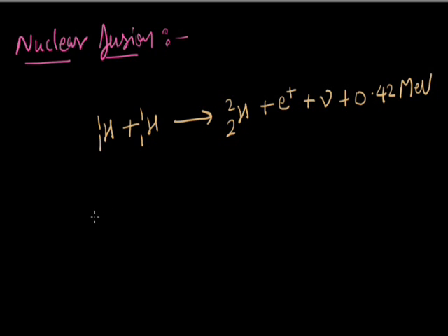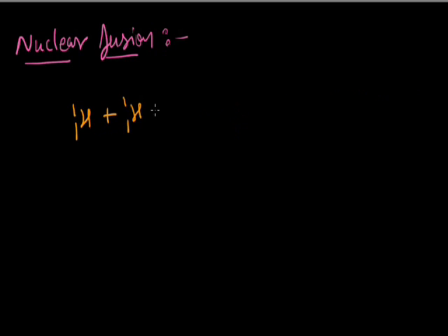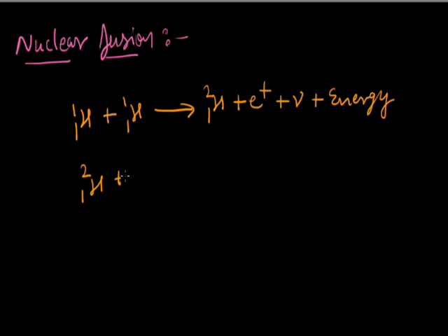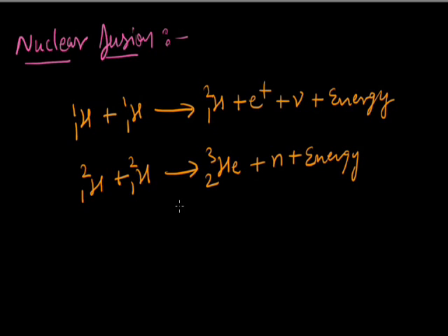We have a few other reactions which take place. Two protons converting into 1H2 plus positron plus neutrino plus energy, then later converting into helium, the nucleus of helium, plus neutron plus energy.